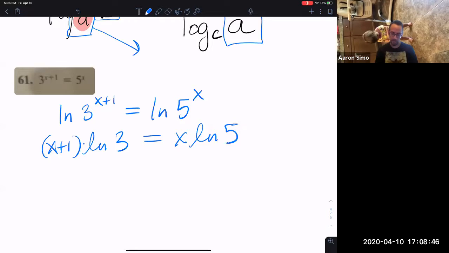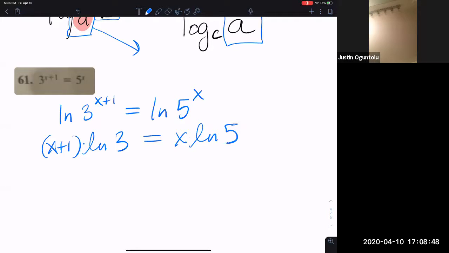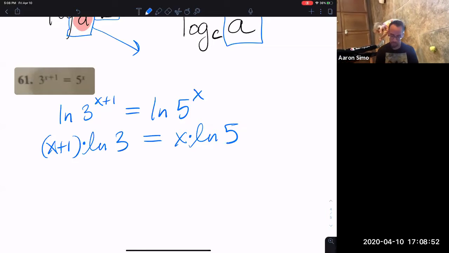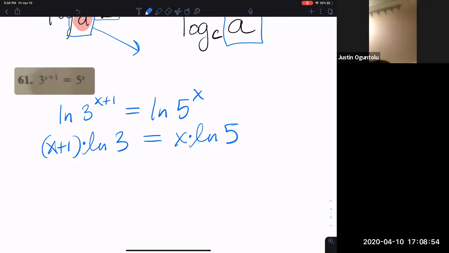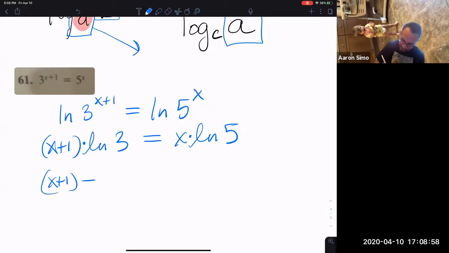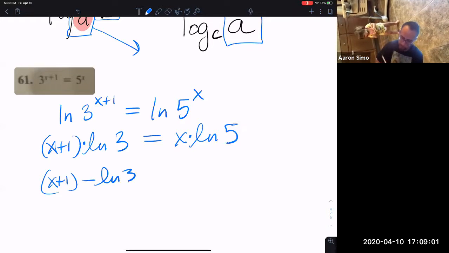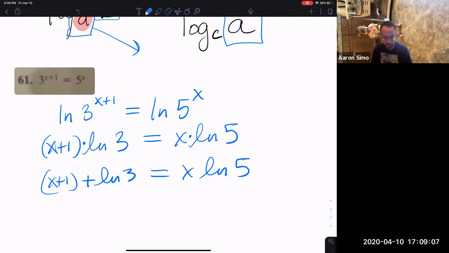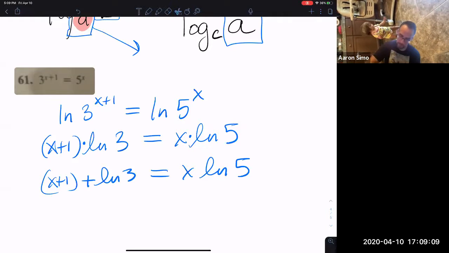You can't violate order of operations because they're being multiplied. If this was x plus 1 minus ln of 3, or plus, equals x ln of 5, then I could subtract ln of 3.